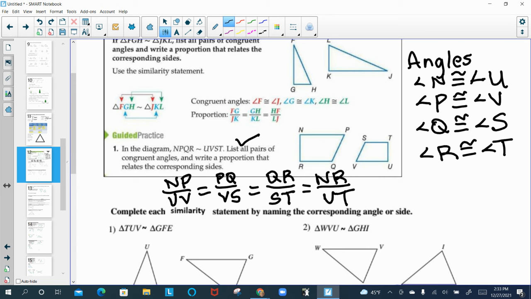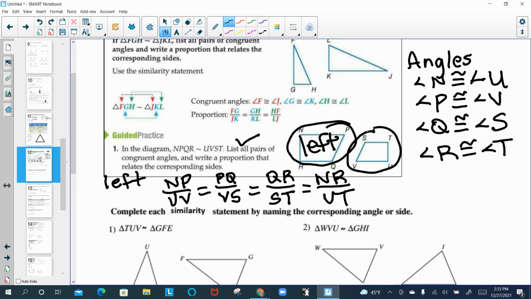Now, one thing to notice when I set up my proportions, I put the left-hand side, this is my left, in the numerator, and this is the right-hand one. I put that in the denominator. And why did I do that? I just chose to.